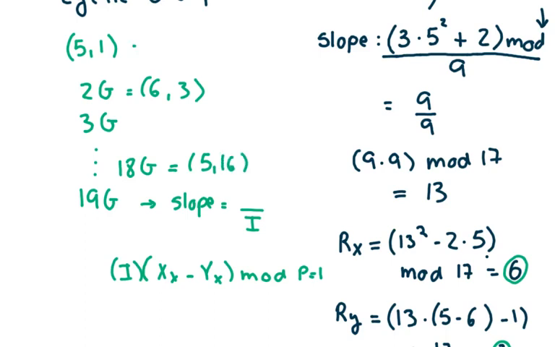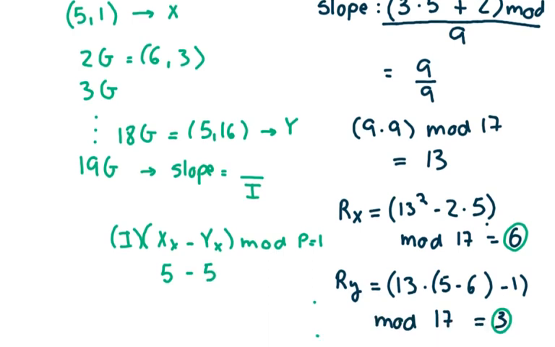So if we call our original generator point of 5, 1 point x, and we call 18G point y, then the x-coordinate of point x, which is 5, minus the x-coordinate of point y, which is 5, is just equal to 0.